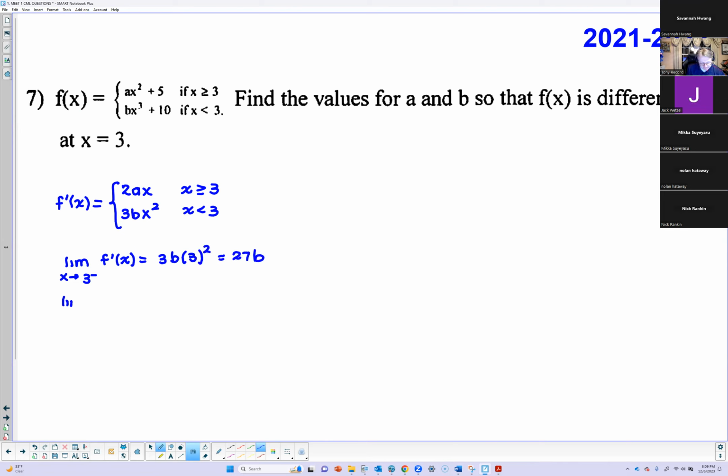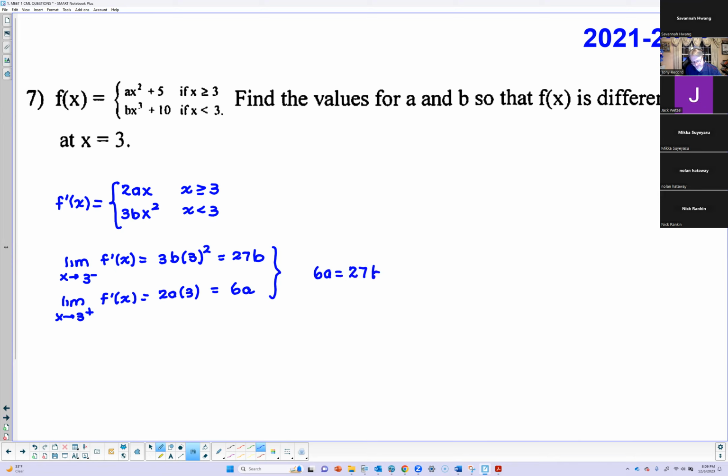And the limit as x approaches 3 from the right of f prime gives you 2a times 3, which is 6a. In order for this to be differentiable, those two things have to be equivalent.